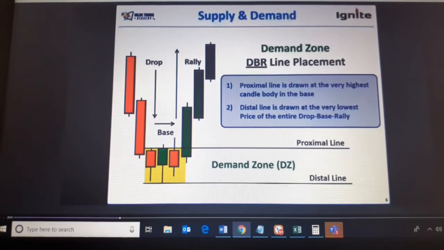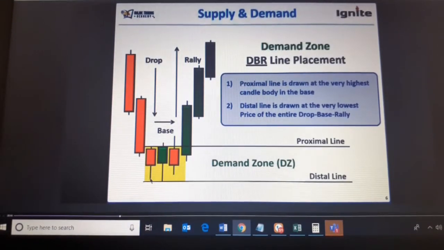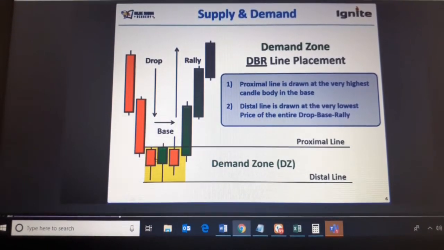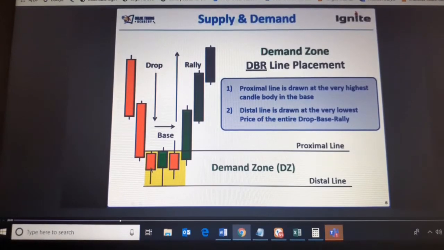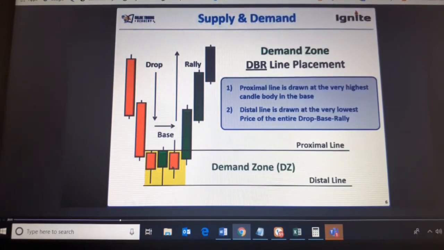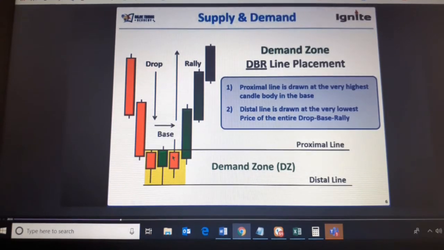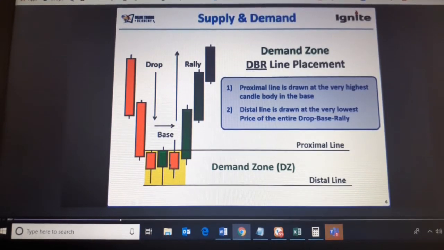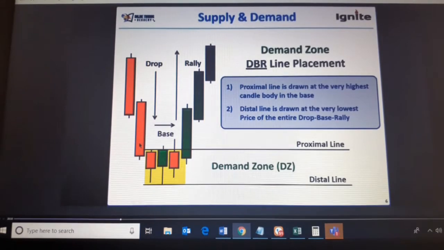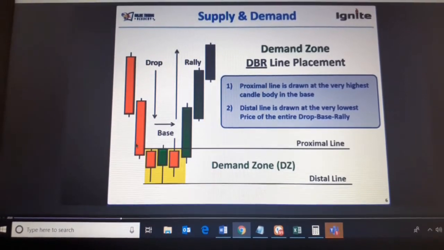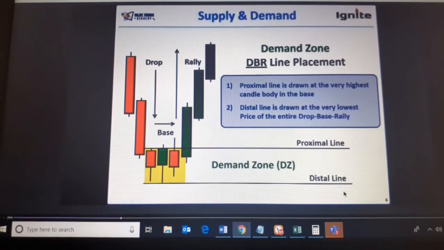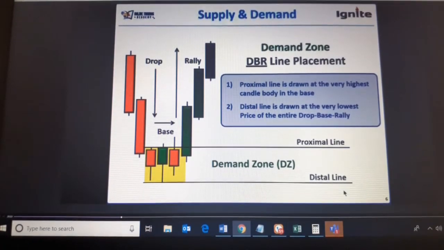So that's what I'm telling you, Tejas. If this base candle had a lower price, then the distal line would have been drawn on this candle. If this candle would have been lower than this, then the distal line would have come on this candle. So whichever candle among the leg in, the base and the leg out has the lowest wick, your distal line will be drawn at that candle.